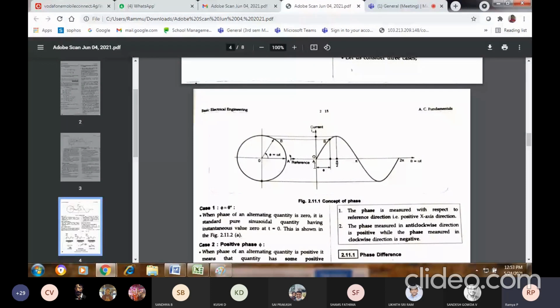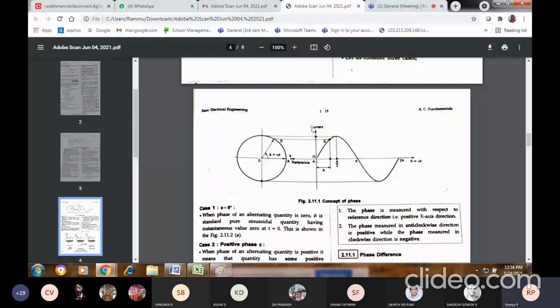If my angle phi is equal to 0, what is the current? When phi is equal to 0, the current should be 0. You can see in the waveform, this is 0 here. When phi is equal to 0 degrees, my current is also 0.